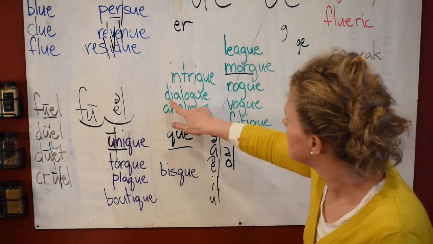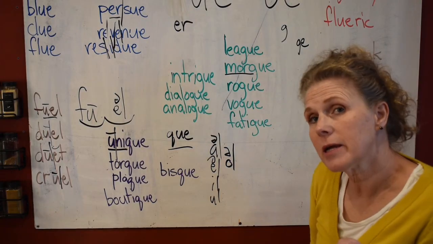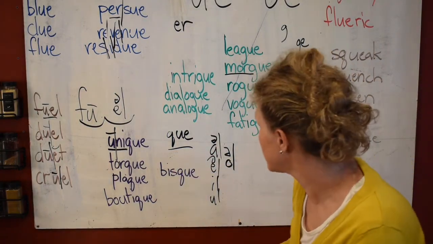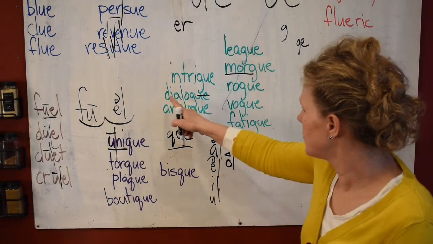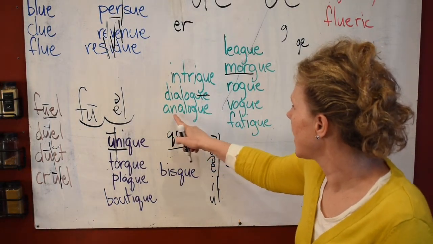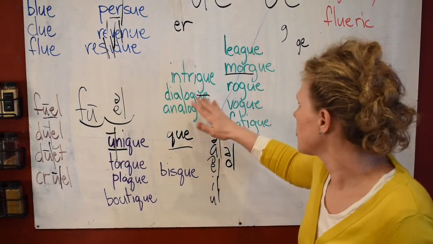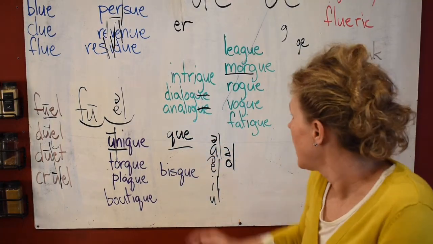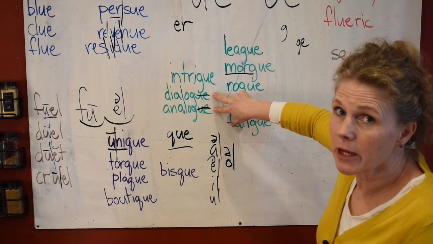Intrigue, dialogue. Now, in the American side of things, we are moving to taking the UE out of this word and off of this word, analog. Anything that ends in log, both are acceptable so far, and I don't think the other English languages are doing that.